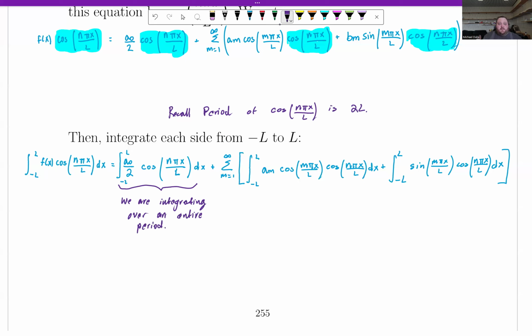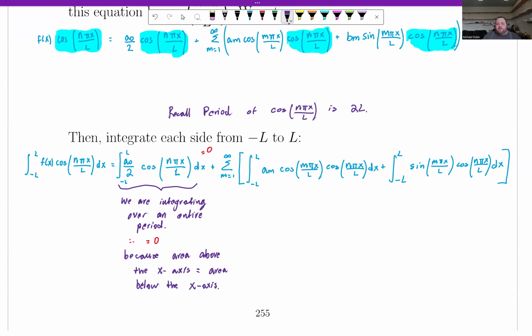From negative L to L. And so therefore this will equal 0, because the area above the x-axis is equal to the area below the x-axis.